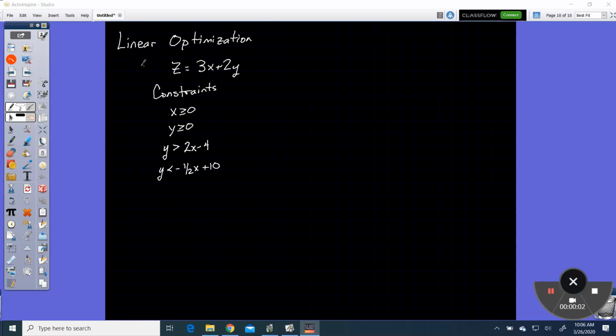Okay, so on this section, chapter 5, section 6, it's called linear programming. You'll also hear it as optimization problems. What it is, they give you an equation that you're supposed to maximize or minimize something.